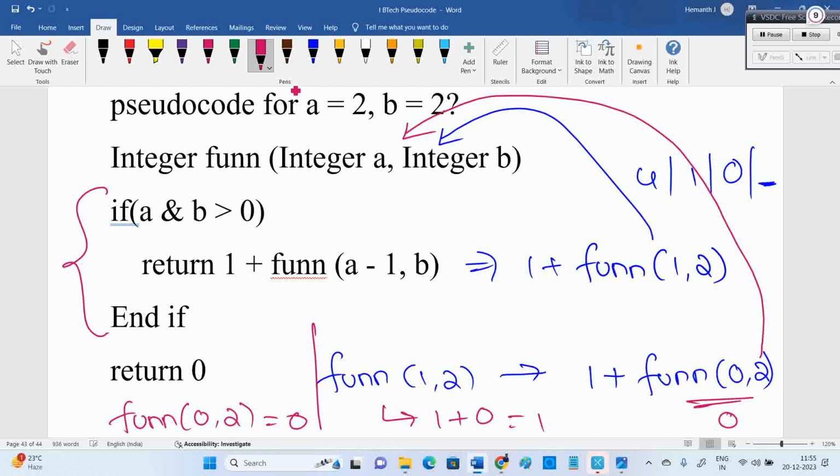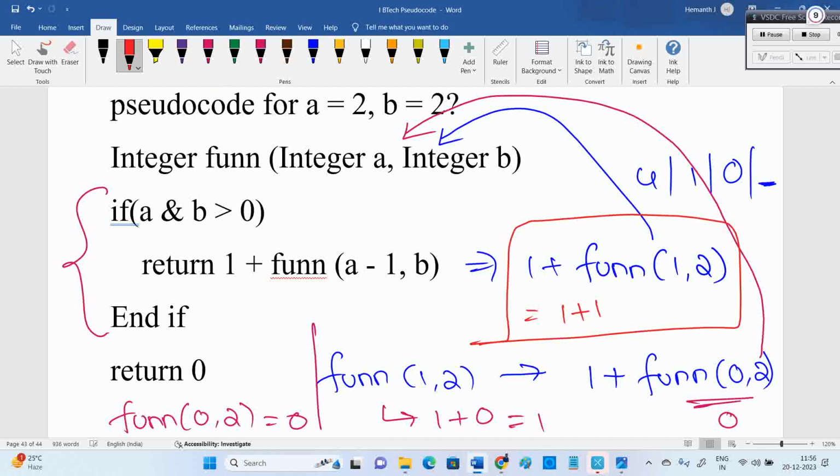Then what is the result? Function of 1 comma 2 is 1. 1 plus 1 is nothing but 2. So this is actually that correct option only missing. Answer is 2.